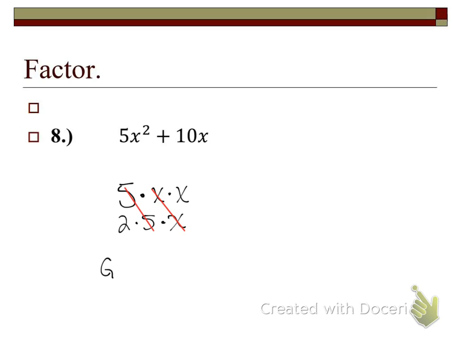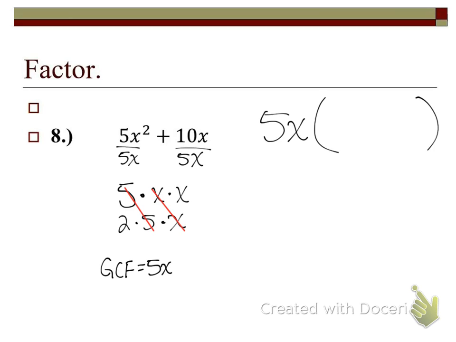Our GCF is 5x. That's what we're going to divide both of these by. That's what we're going to write outside of some parentheses. The leftovers after we divide go in the parentheses.